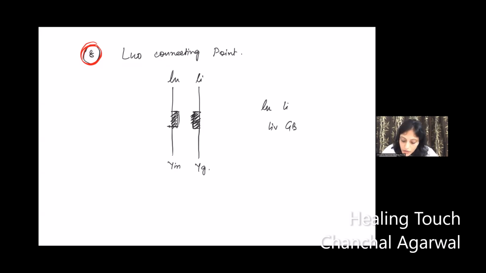The area or passage through which this energy is transferred is called the Luo Connecting Point, or the passage point, correct?